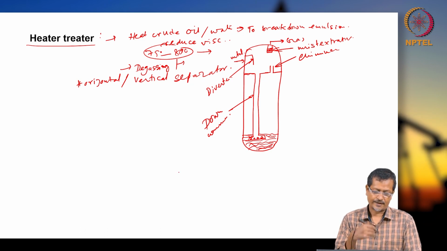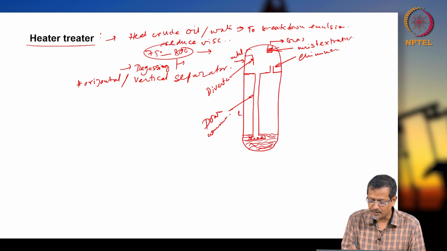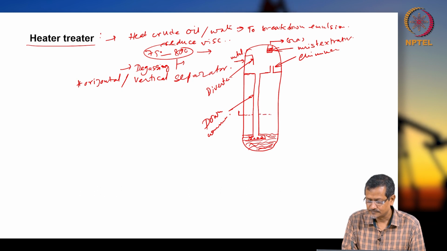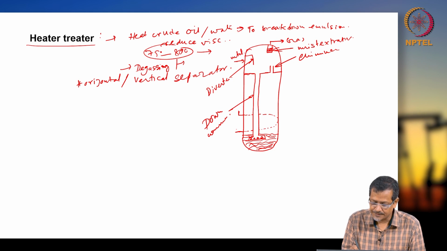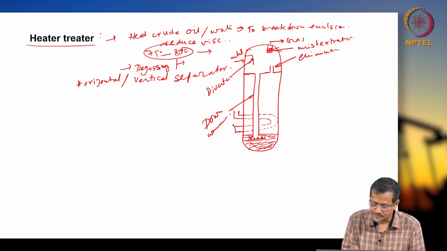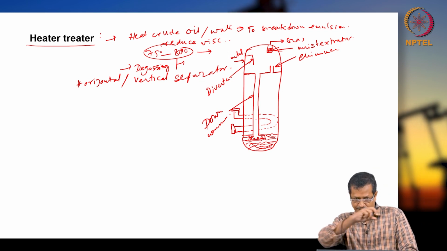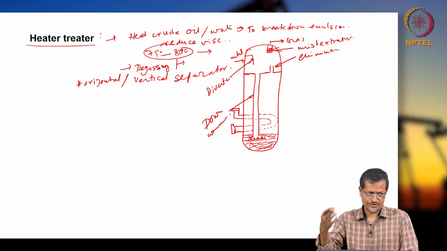Now I have a heater treater, right? So in the heater treater, one pipe will come here like this, and it will be like this. So this pipe is going and coming out, so it is exchanging heat there.